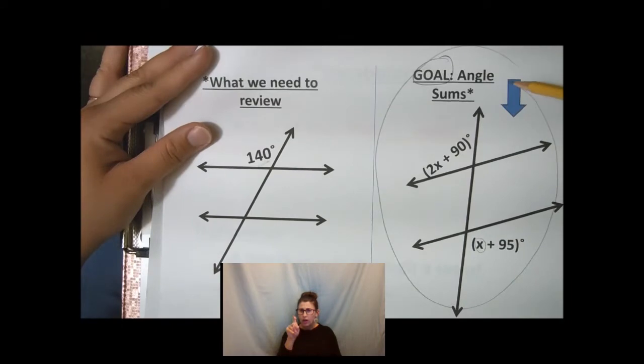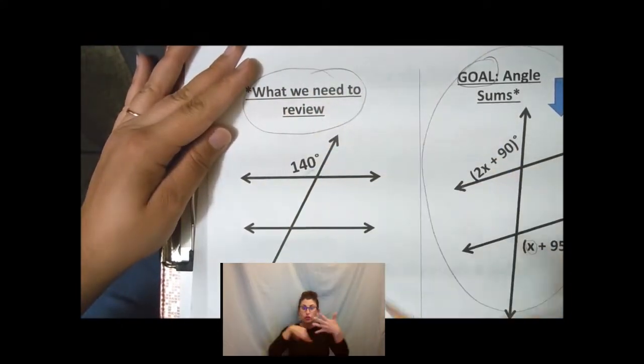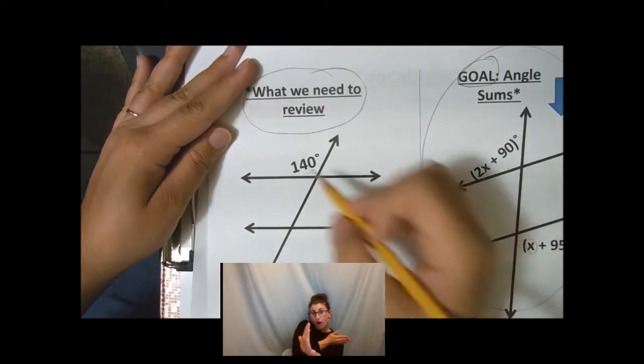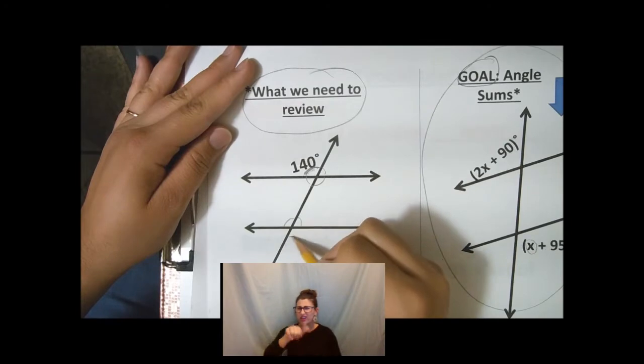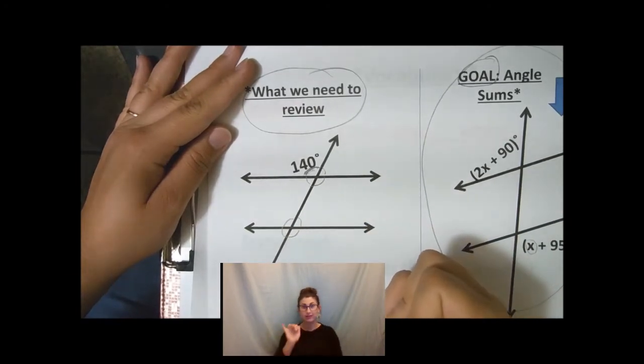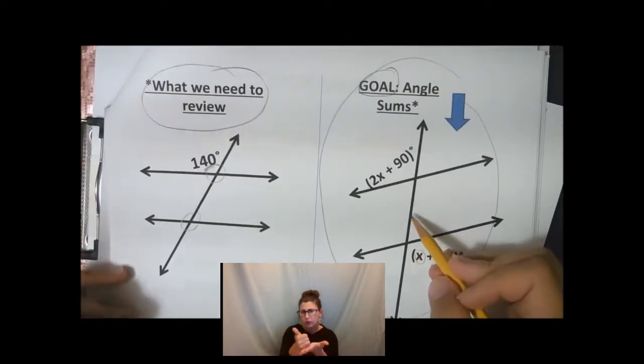So this is the goal, okay? This is what we need to review before we get to this. If I give you one measurement, can you give me all of the other measurements? That's what we are going to review right now to help us get to this goal.